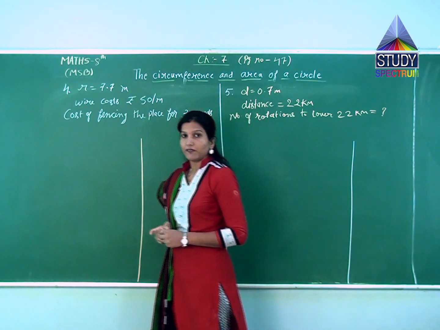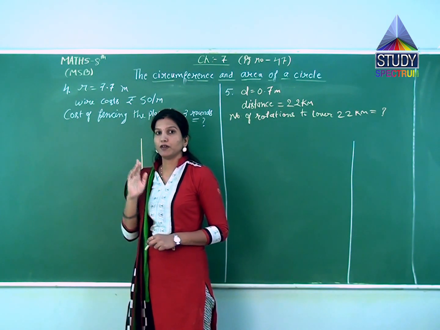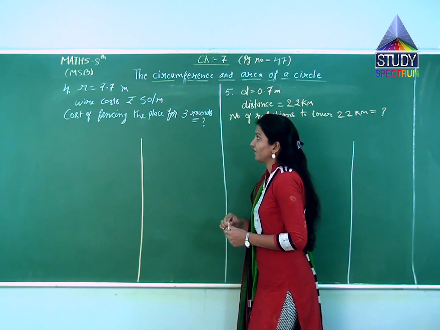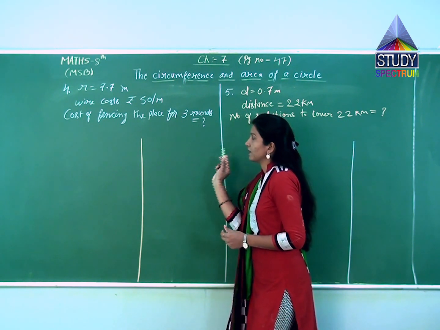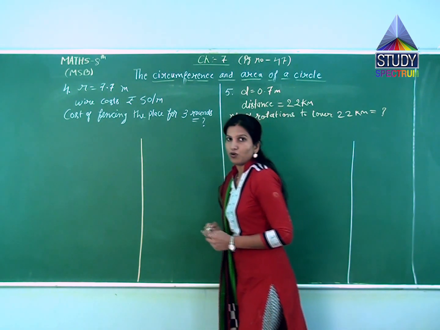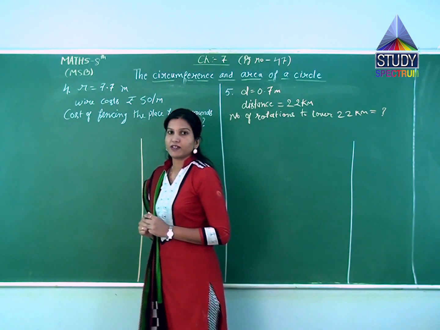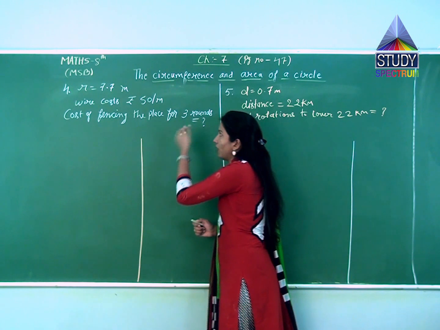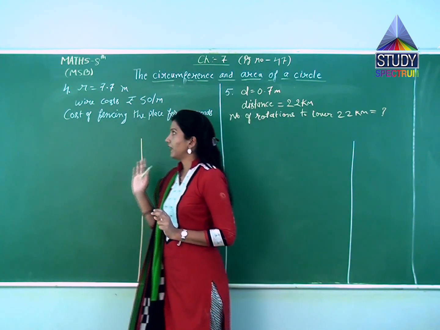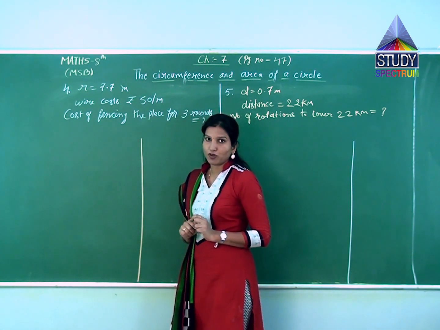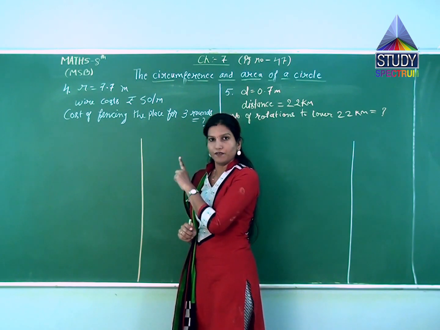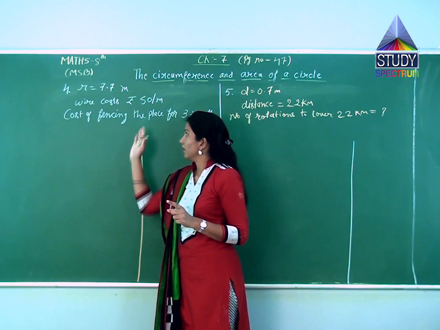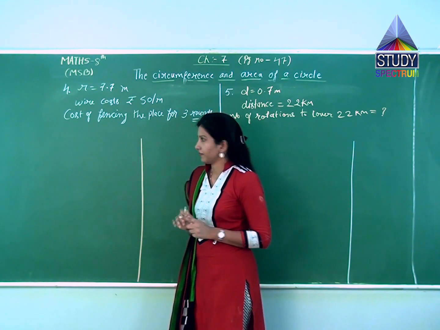Whatever circumference we get, we multiply it by 3, and however many meters come, that is multiplied by 50, because 1 meter costs 50 rupees.